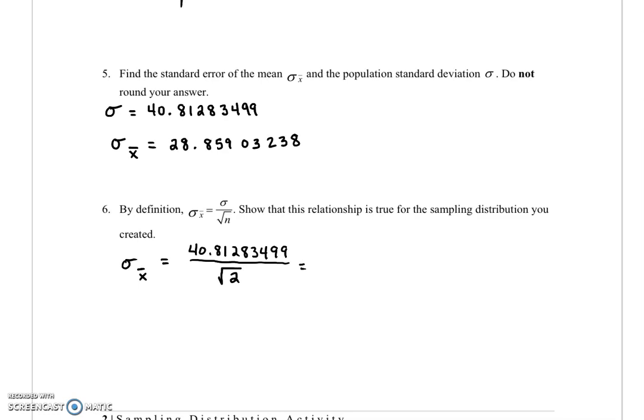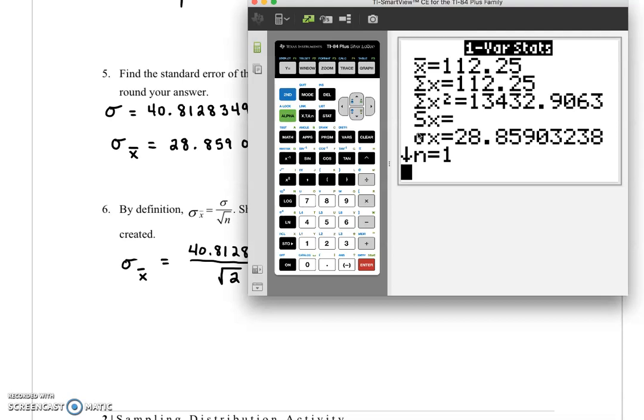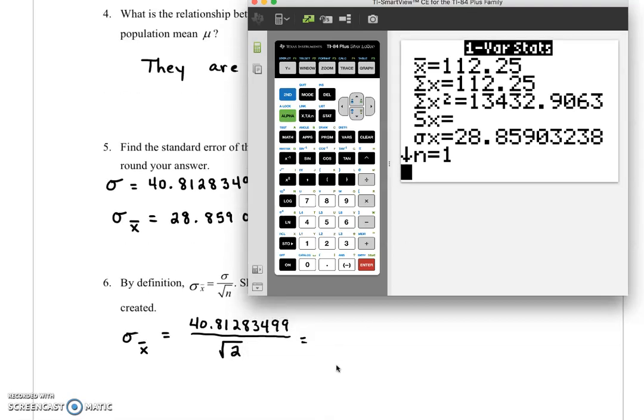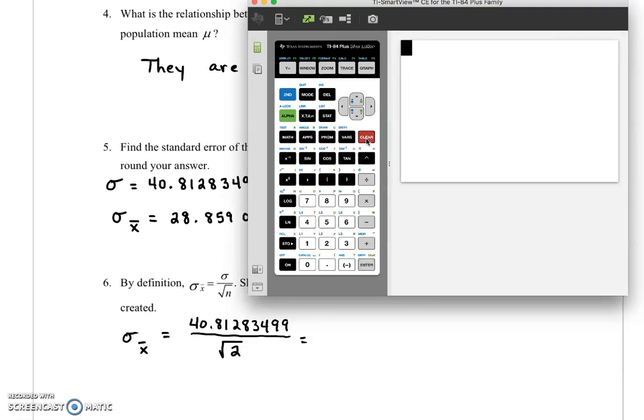So let's go put this in the calculator. I'm going to put 40.81283499 divided by, now to get the square root, it's right here above the X squared button. So we need to hit the second key and then the X squared button and then the number 2 to divide by the square root of 2.